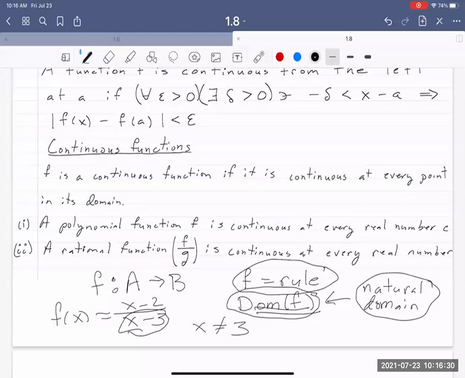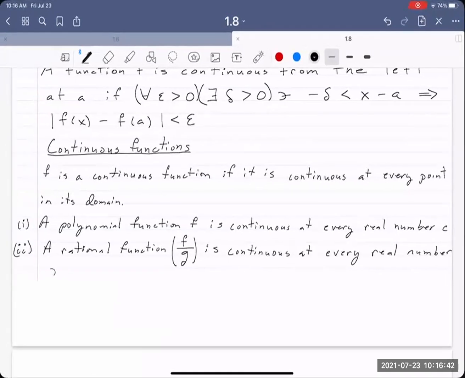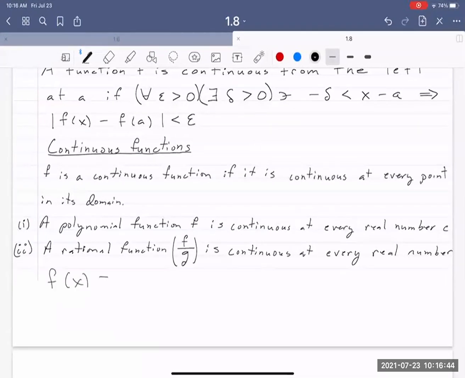That brings you back to this other situation that I gave you, which is suppose someone wrote down f of x equal 1 over x. This is a continuous function.